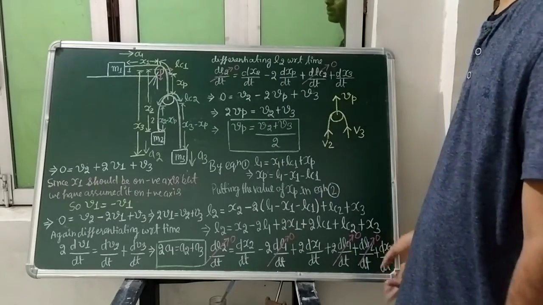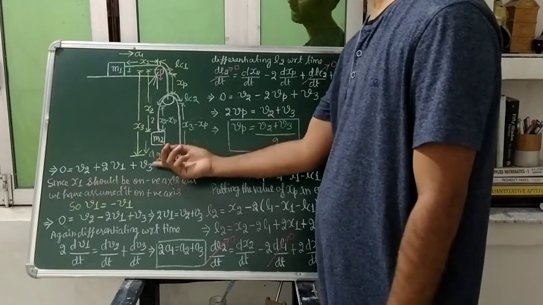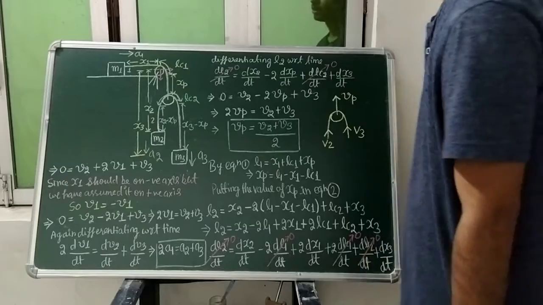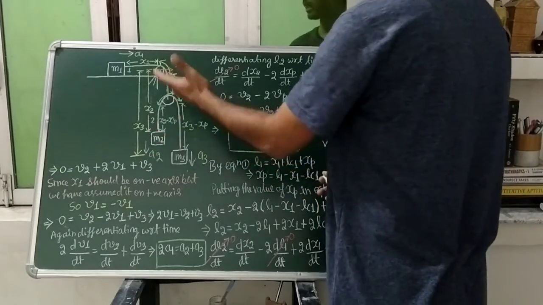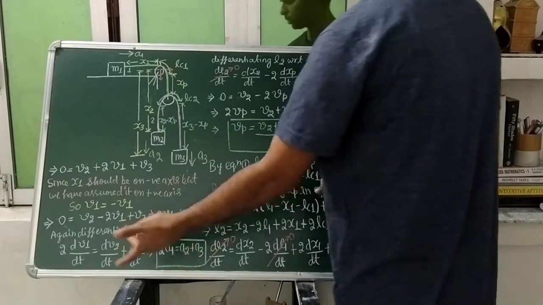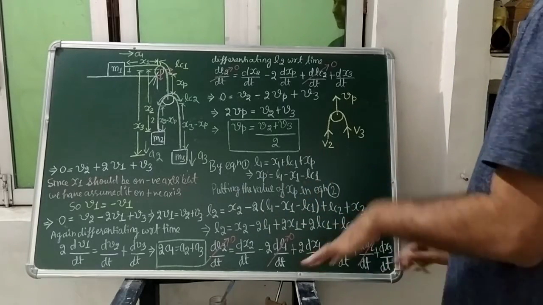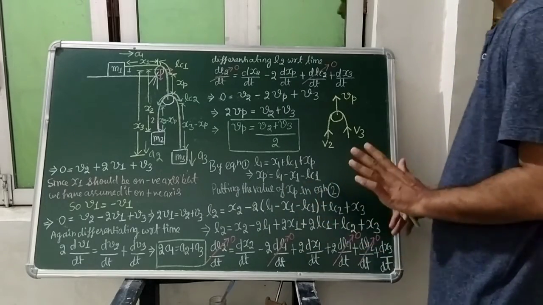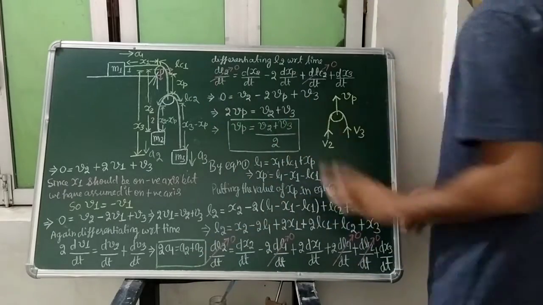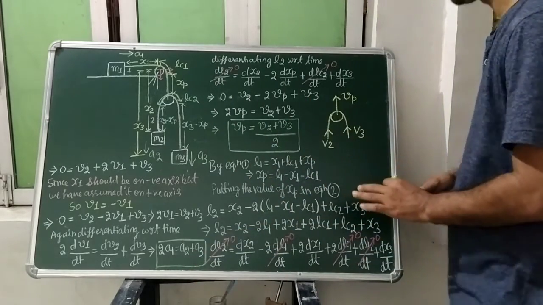After performing this task, we will say that the situation should be something like this. Of course, in the earlier case we had assumed this A2 upside, isn't it? So when it becomes upside, it becomes negative, and A2 you will get as twice of A1 plus A3. I do not remember what you were getting there, but don't get confused with this expression or its alternative. The situations are different.